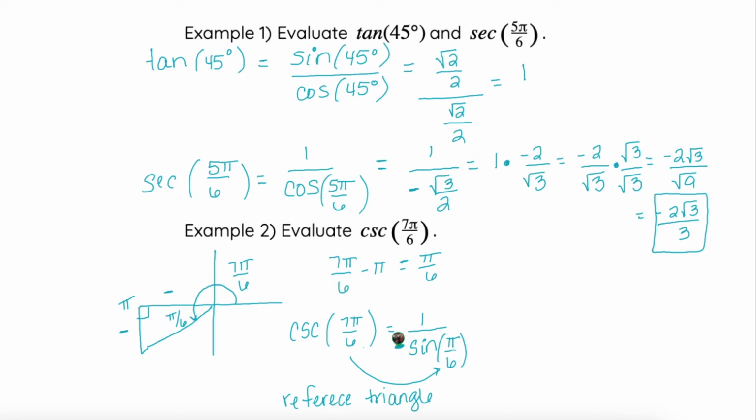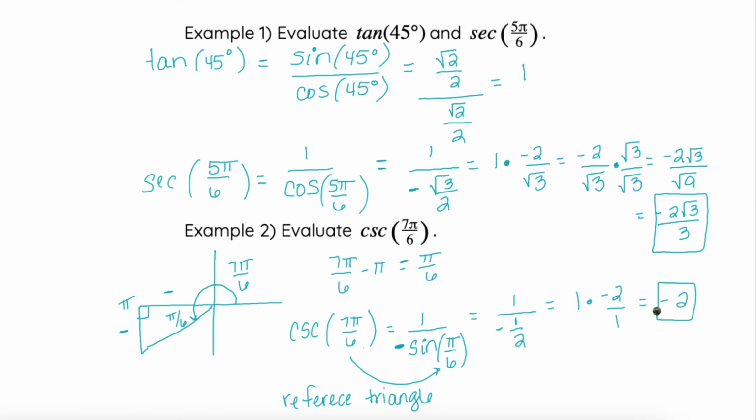Thinking about the sign, where are we located? Now I can rely strictly on my exact trig values instead of having to pull out my unit circle every single time. So pi over 6 for sine is one half, but I know it has to be negative one half because we are in that third quadrant. And again, 1 multiplied by the reciprocal gives me negative 2.